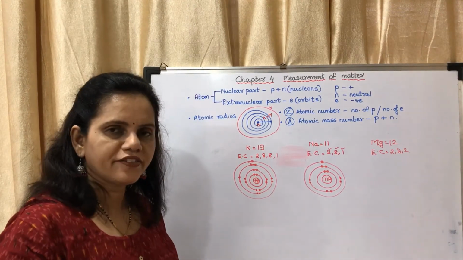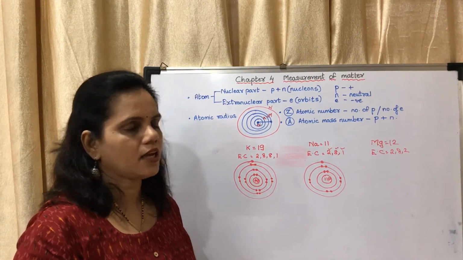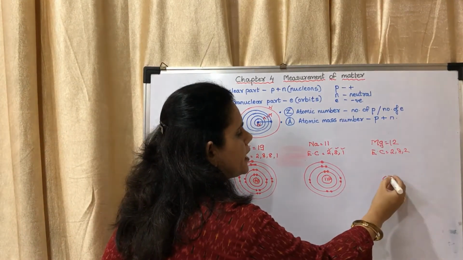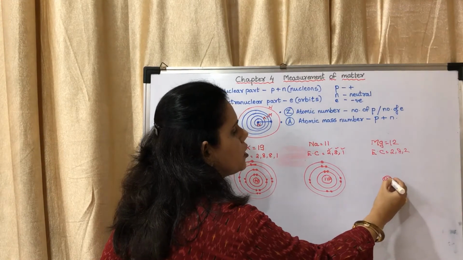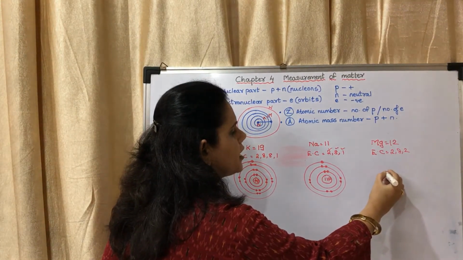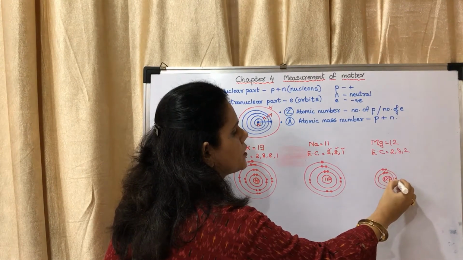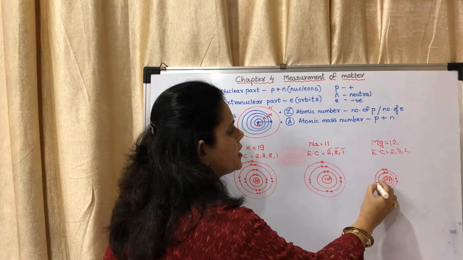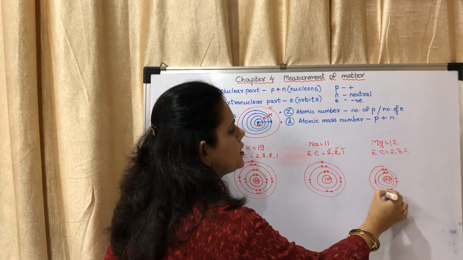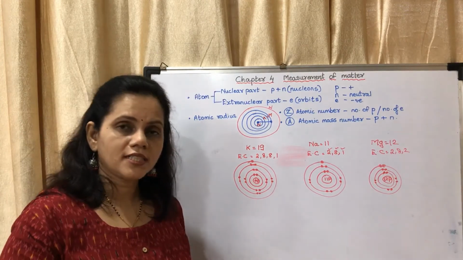That means 2 in the first shell, 8 in the next shell, and 2 in the last shell. So when you draw the diagram, this is 12 protons, it is the nucleus. In the first shell there are 2, in the second shell there is 8, and 2 in the last shell. Okay, now what is the rule?